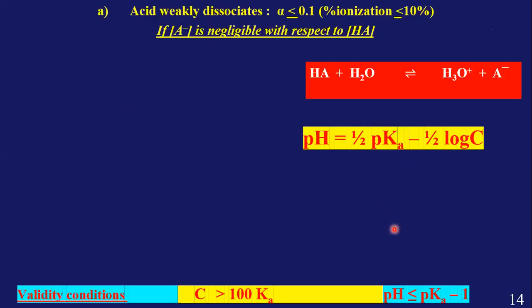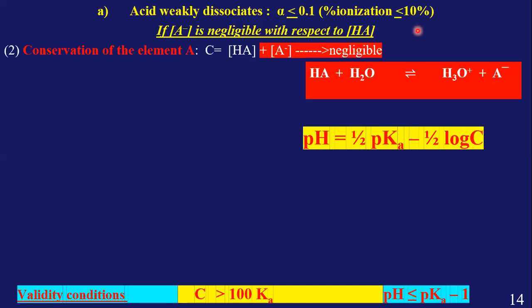First case. If A- is negligible relative to HA, that is the case when we have less than 10% ionization. If the acid's ionization is less than 10%, we call it an acid of weak strength.